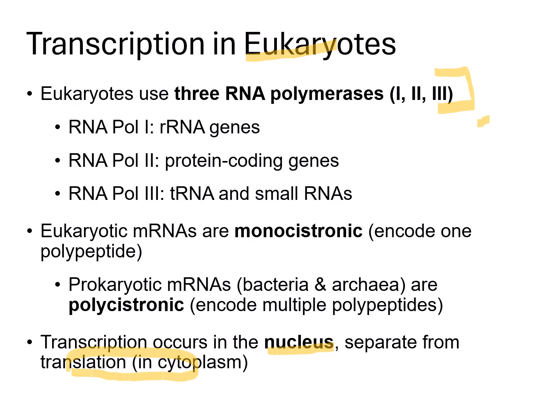RNA polymerase 1 transcribes ribosomal RNA genes, RNA polymerase 2 transcribes protein coding genes, and RNA polymerase 3 transcribes transfer RNA and small RNAs. Eukaryotic messenger RNAs are monocistronic, meaning one messenger RNA codes for one protein, unlike bacterial mRNAs, which can be mono or polycistronic, and that means one messenger RNA encodes for multiple proteins.